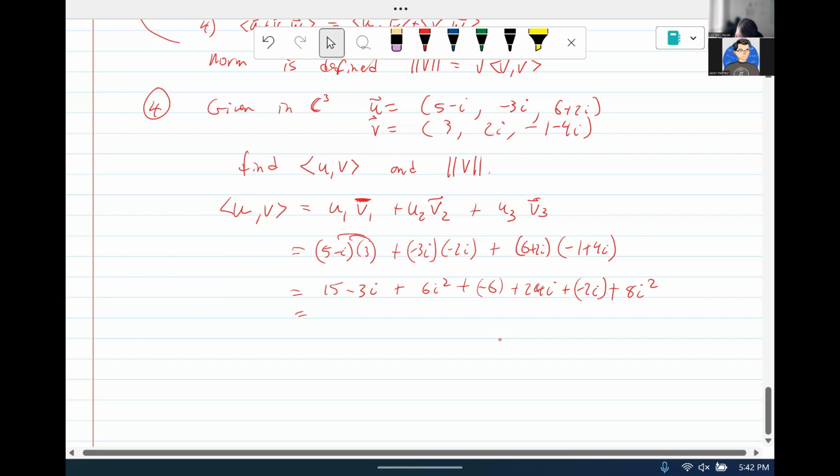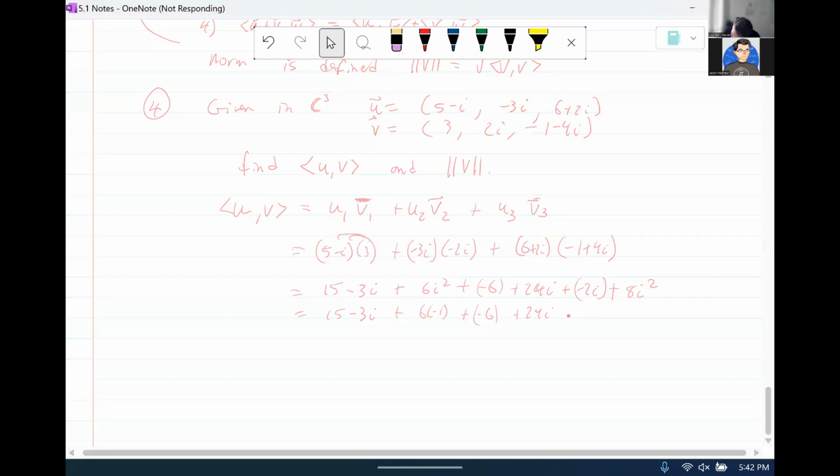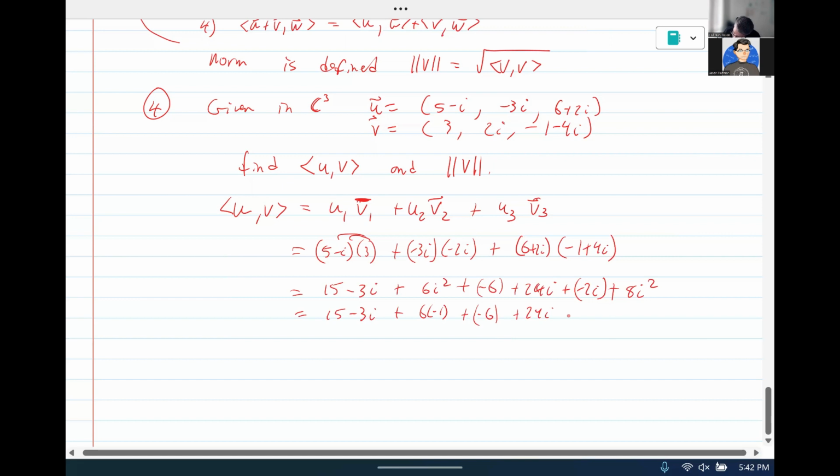So this is going to be equal to 15 minus 3i plus, since i squared is negative 1, 6 times negative 1, plus negative 6 plus 24i plus negative 2i plus 8 times negative 1.